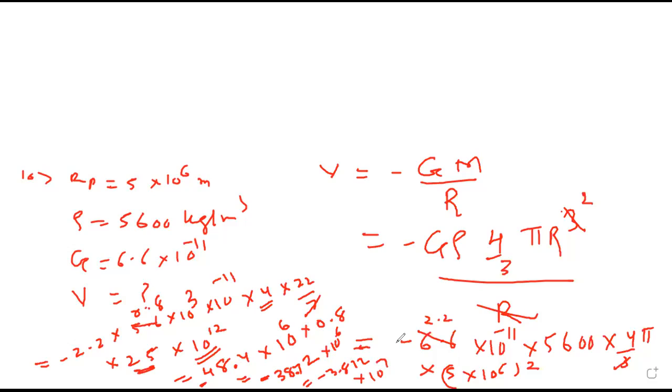Just check close to this: option D, which is given as 3.9 into 10 raised to 7. This is the only matching one.